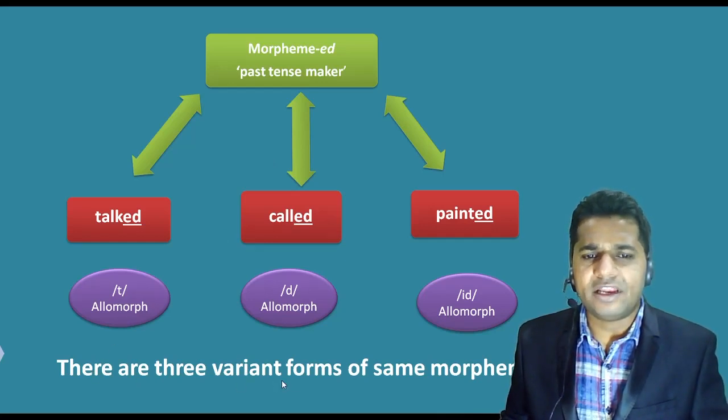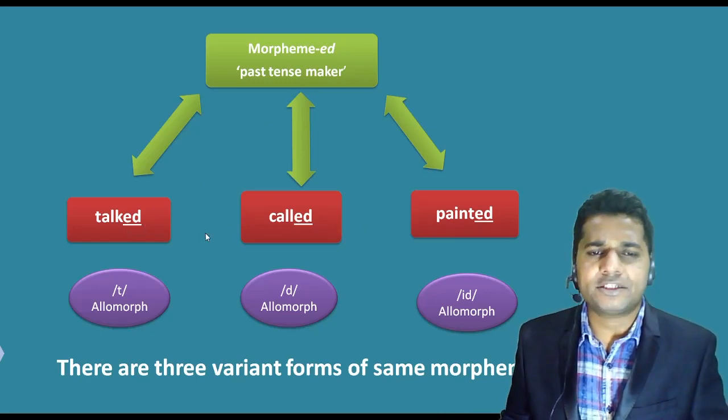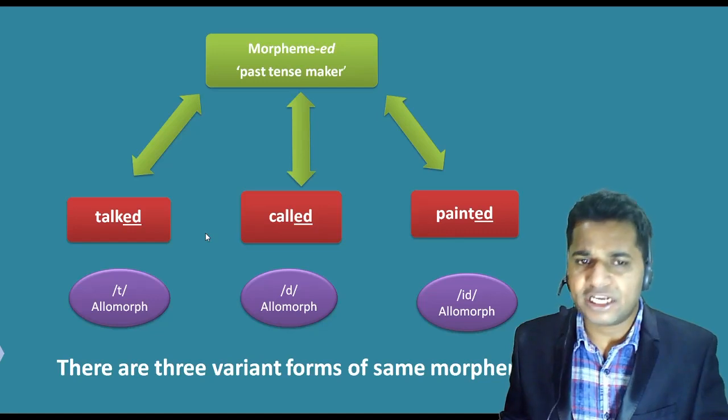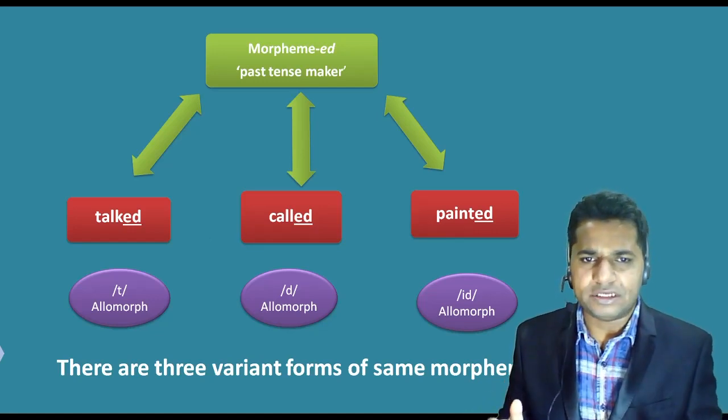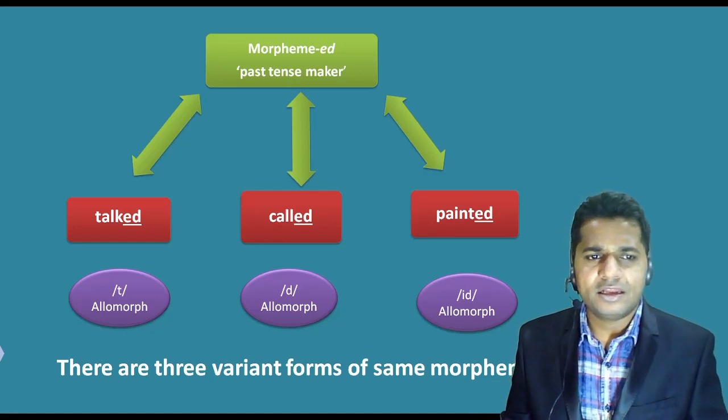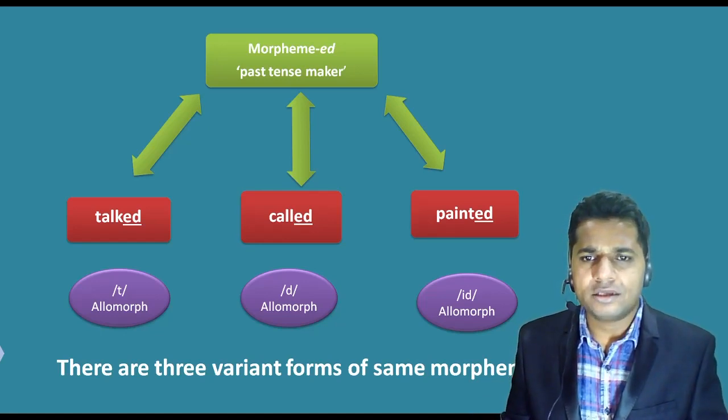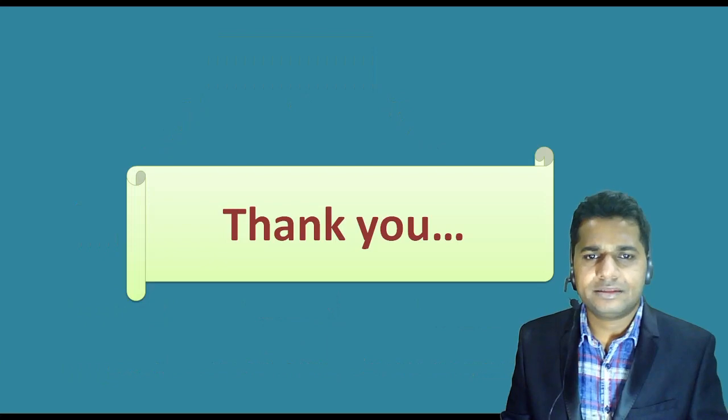There are three variant forms of the same morpheme, like we had seen in the last word, called. Here also in talked, you can see ED is the same in all the words, but its phonological representation or realization is different in each word, like talked, called, painted. Thank you very much.